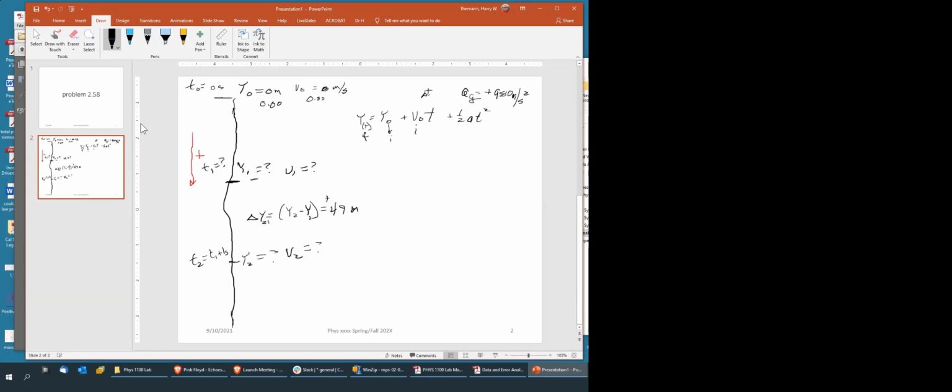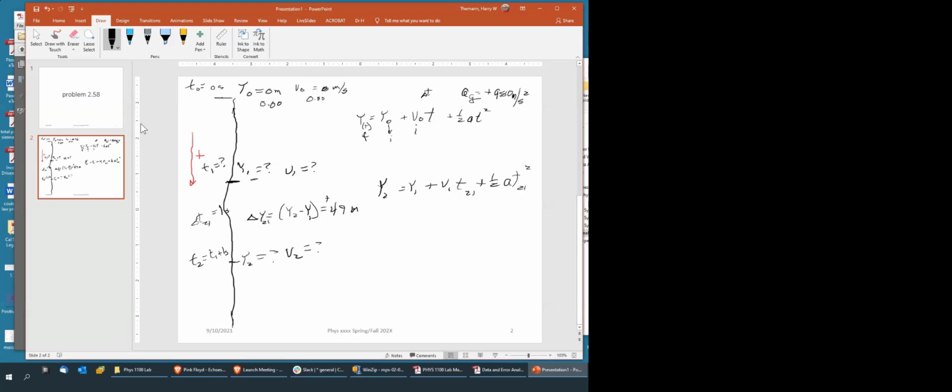So if we adapt that to what we're thinking of right here, y2 equals y1 plus v1 times t21, which is our delta t, which is 1 second. So I'm dropping the delta, plus 1/2 a t21 squared.